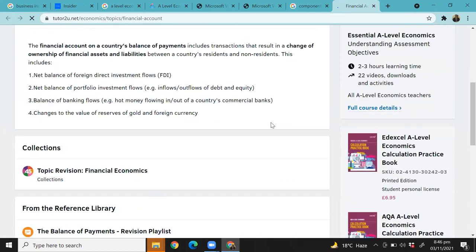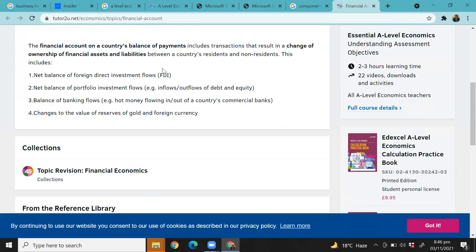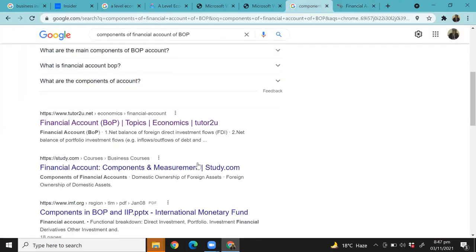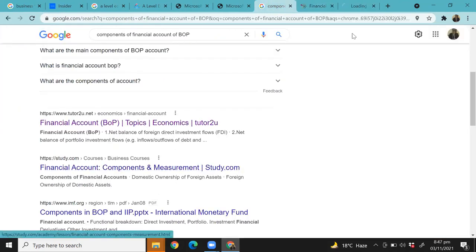Net balance for foreign direct investment, portfolio investment, balance of banking flows, hot money flows, changes in the value of reserves, gold and foreign currency. Sometimes it's known by different names, but reserve is the word for what you are referring to.